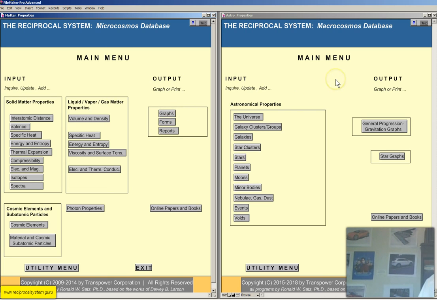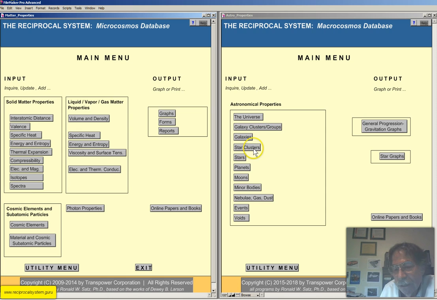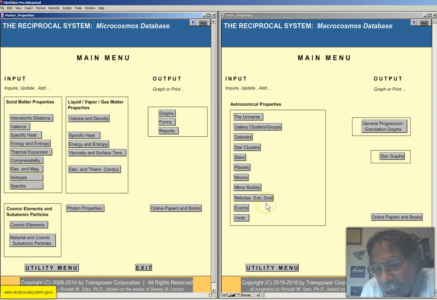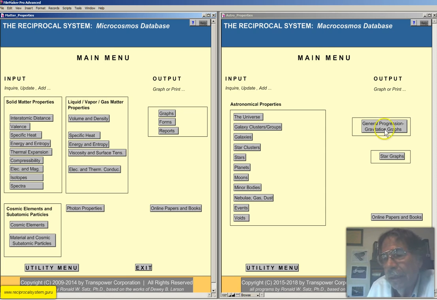Then the Macrocosmos database covers the universe as a whole, galaxy clusters and groups, galaxies, star clusters, stars, planets, moons, minor bodies, nebulae, gas and dust, and voids. Thence, you can jump to the section which has all the pictures and videos. This also includes a great graphics program.